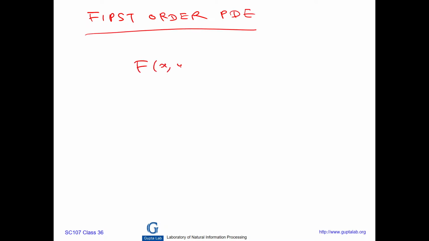Now, first order PDE. A function of the form F of x, y, z, p and q. z is a function of x comma y, and p is del z over del x and q is del z over del y.